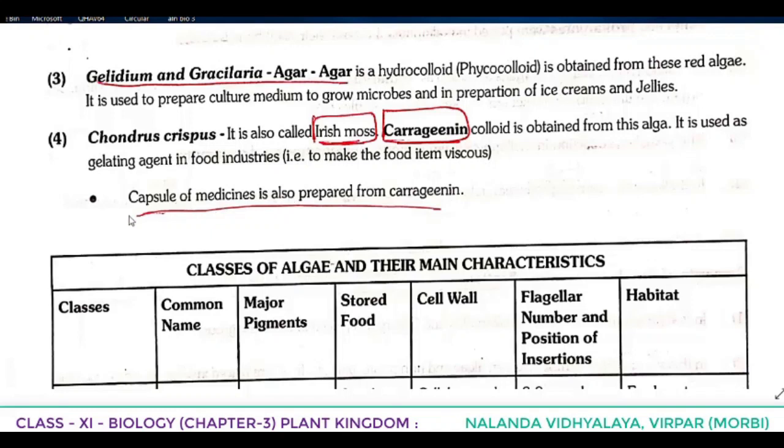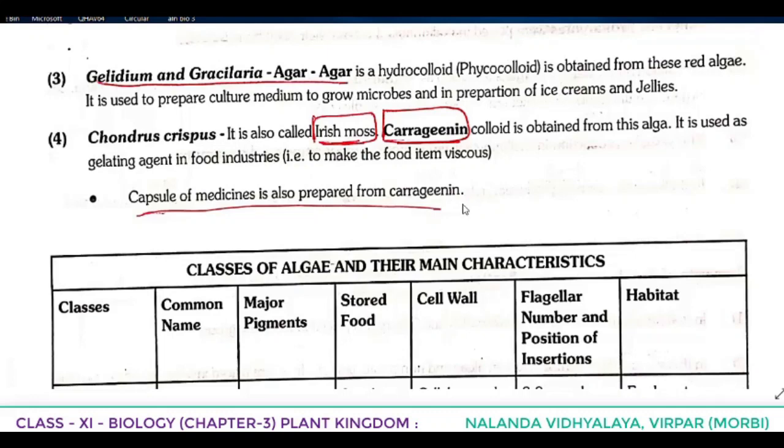Carrageenan colloid is obtained from which alga? Yes, Rhodophyceae. Capsules of medicines are also prepared from carrageenan. Very important point.